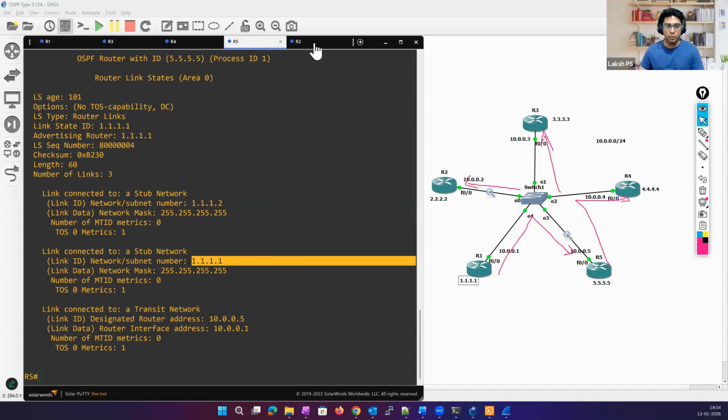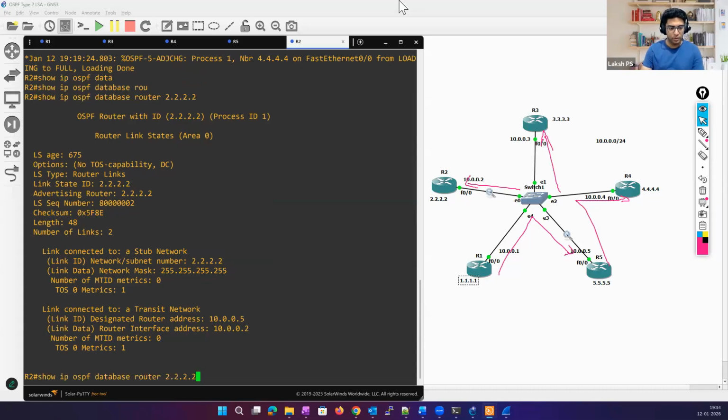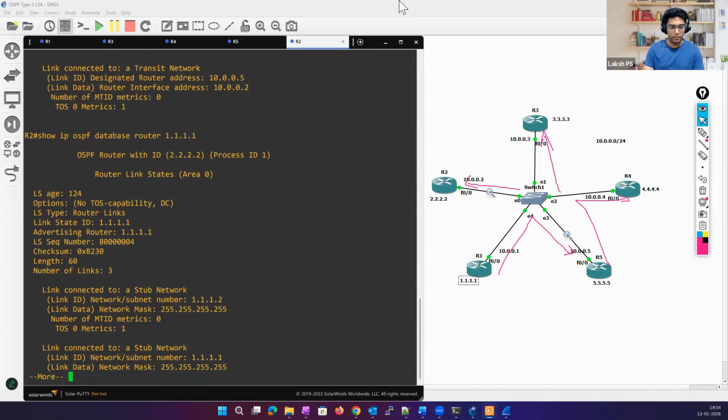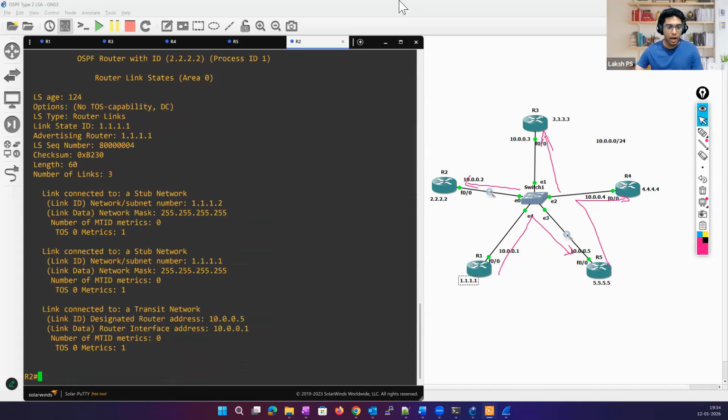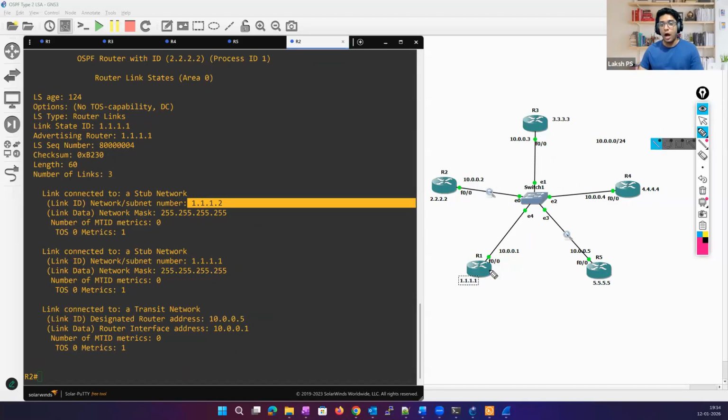Let's check on R2. R2 now also knows about 1.1.1.1 and 1.1.1.2. So this clearly proves that though R1 did not have full adjacency with R2, R3, and R4, still R2 and R3 were able to get the information of 1.1.1.2 in their database.